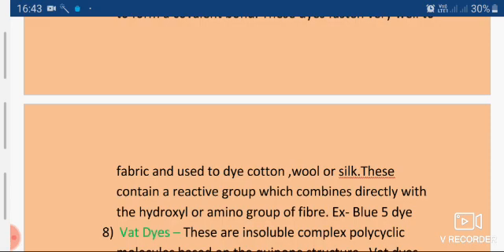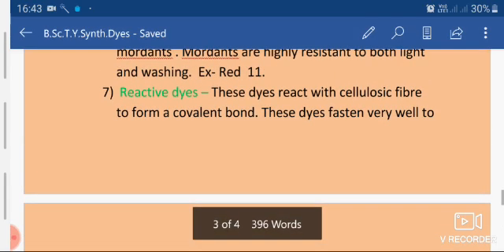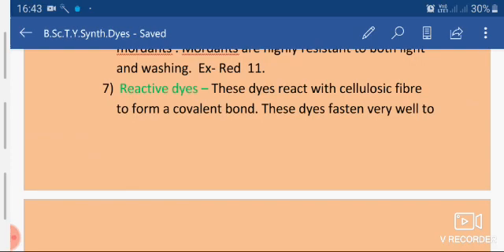that forms at least one covalent bond with the hydroxyl or amino group of the fiber, so that the color is strong.